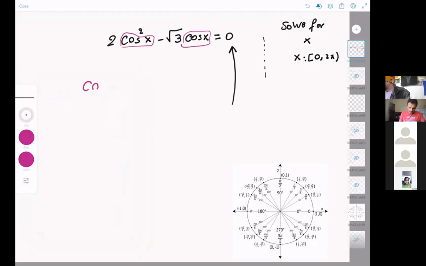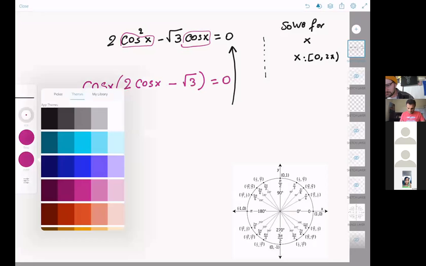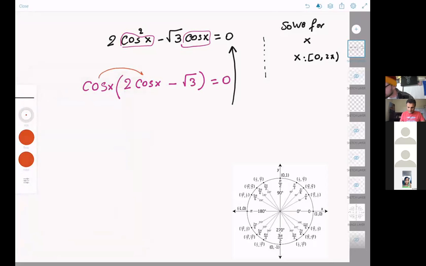If I factor the cosine of x, in parenthesis I get 2 cosine of x minus radical 3 equal to 0. If you multiply back, you get cosine squared of x. If you multiply this by negative root 3, you get radical 3 cosine. So the factoring is good.